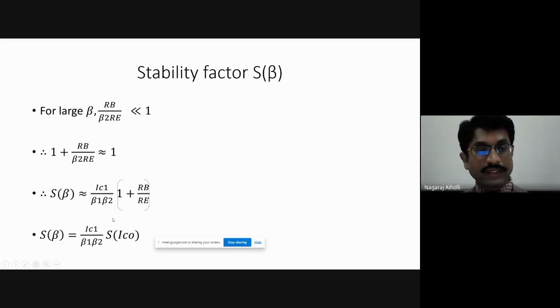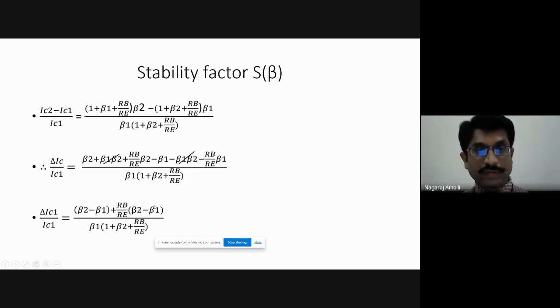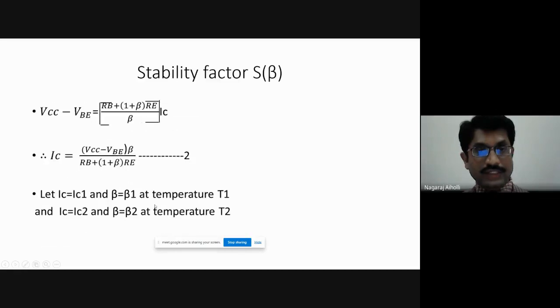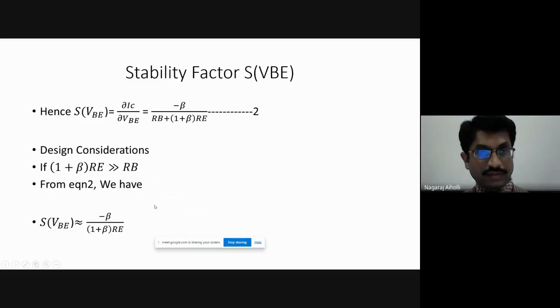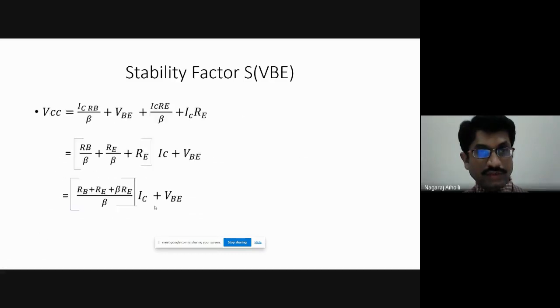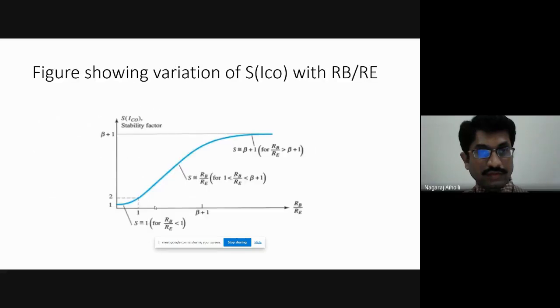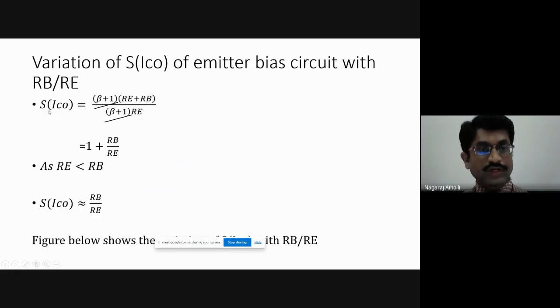Now 1 plus RB by RE, we have seen this in the previous derivation of S of ICO, right? That is in the equation for variation of ICO of emitter bias circuit with RB by RE.